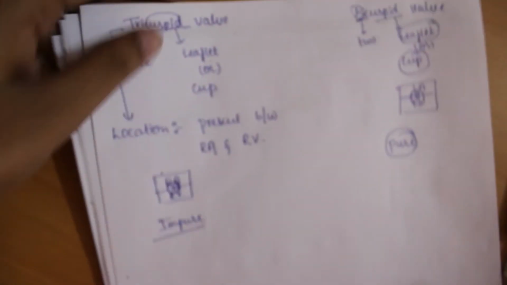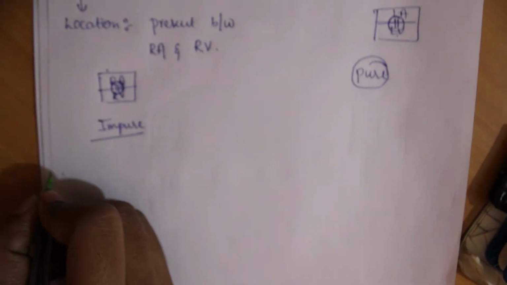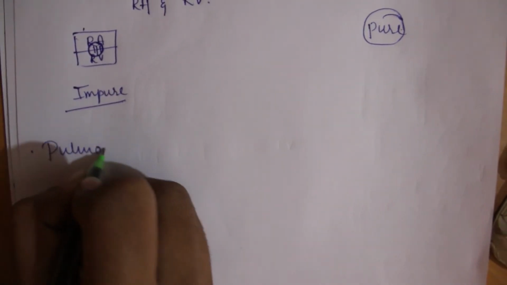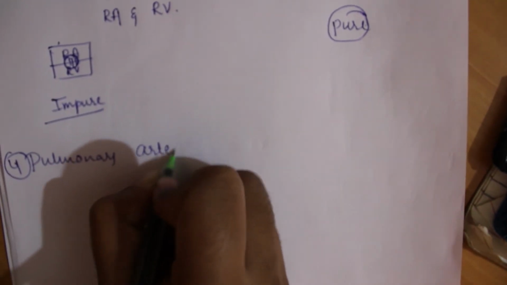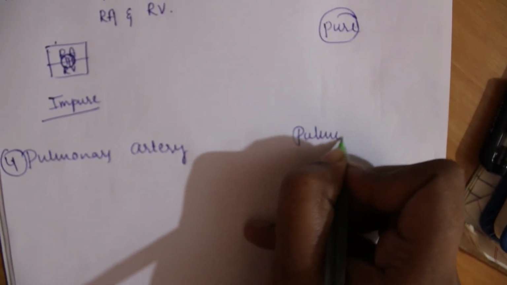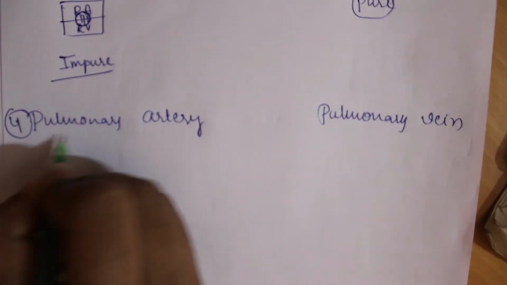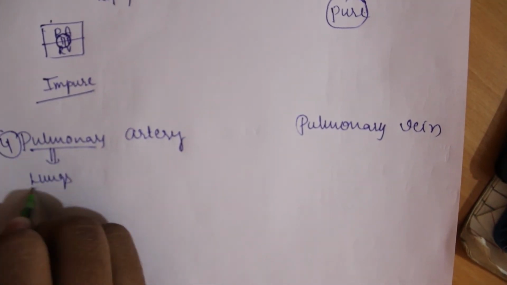Now move on to arteries. What are the arteries included in the heart? There are two types, the pulmonary artery and the second one, the pulmonary vein. What is the actual meaning of pulmonary? Pulmonary refers to the lungs.